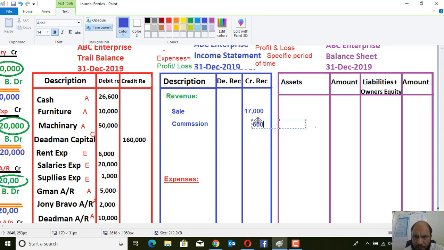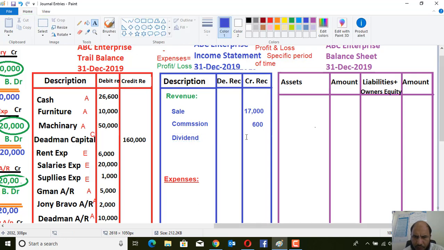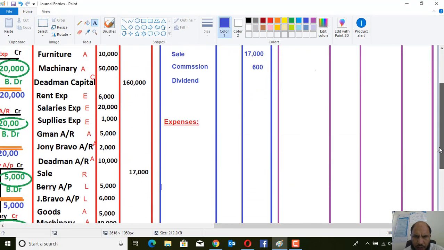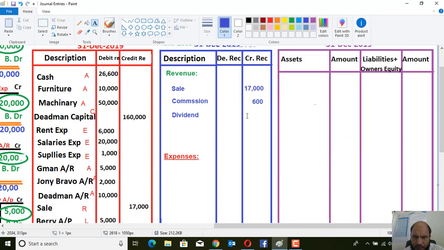And the third one was the dividend, it was equal to 9,000.